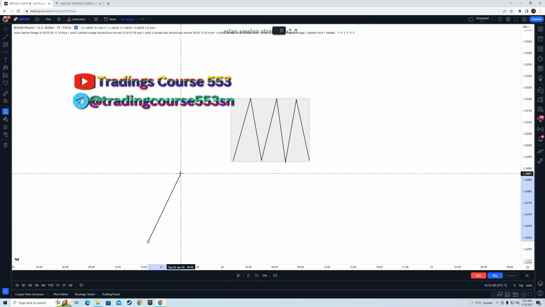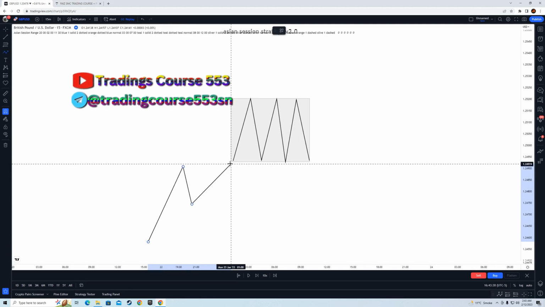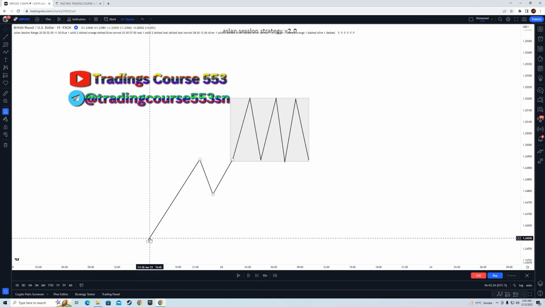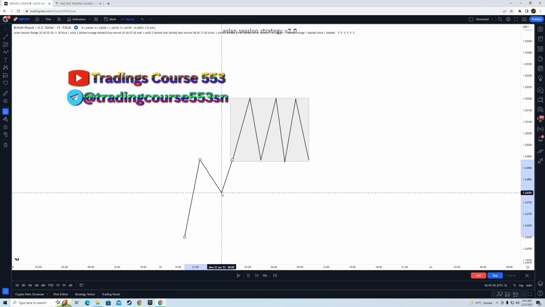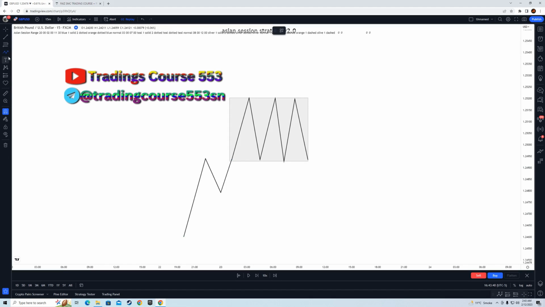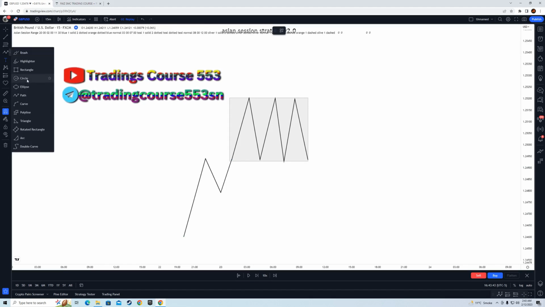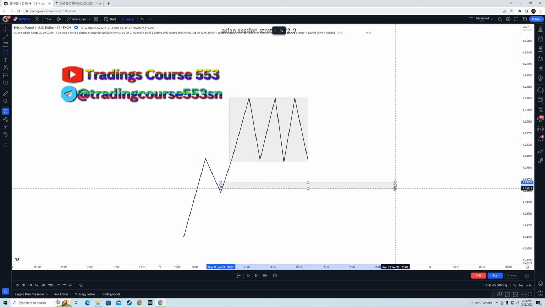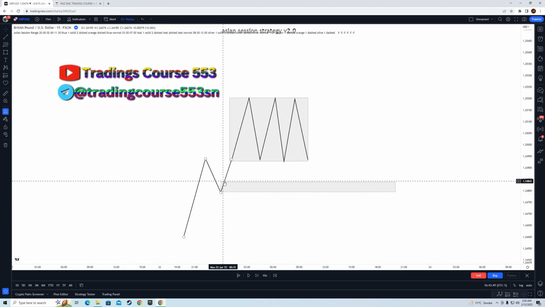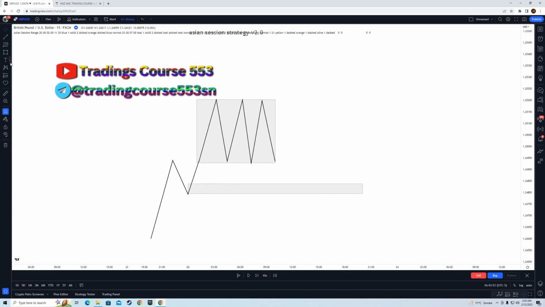And similarly, let me remove this. Okay, so wait a minute. You have an order block here, right? On the 15-minute time frame. Make sure it's the first candle of the fair value gap. We're going to use that type of order block in the strategy, okay?